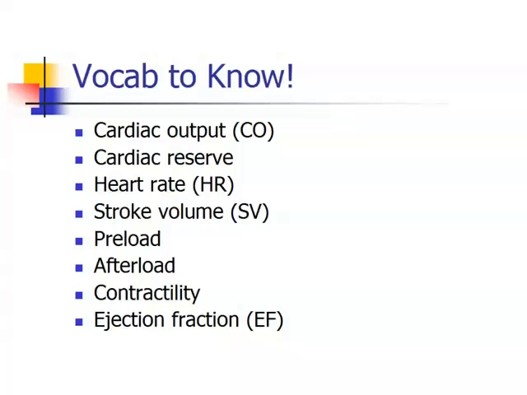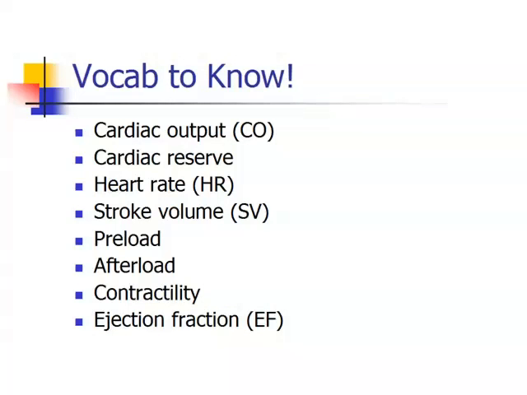Stroke volume is the volume of blood ejected with each heartbeat, and includes preload, afterload, and myocardial contractility. Preload is the volume of blood in the ventricle at the end of diastole just prior to contraction, and afterload is the force needed to eject blood into the circulation.